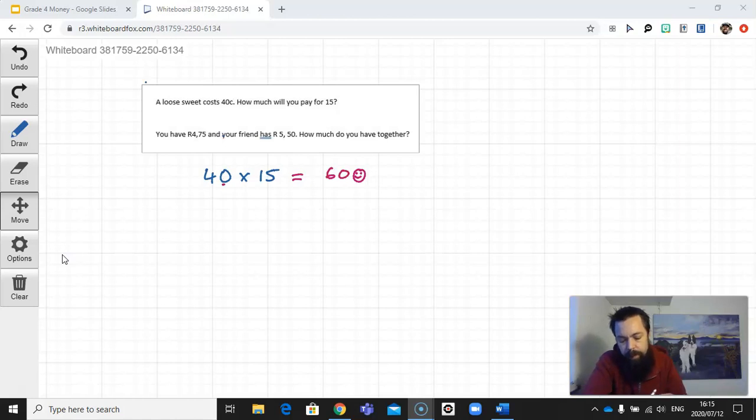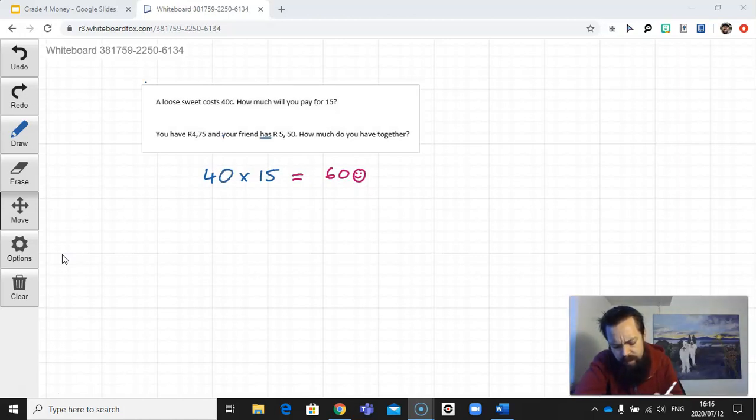Alternatively, you could say 12 times 4 was 48, and then 13 times 4 is 52, then 56, and then 60, and you can get to 60 that way. But your answer then is 600. So that's 600.